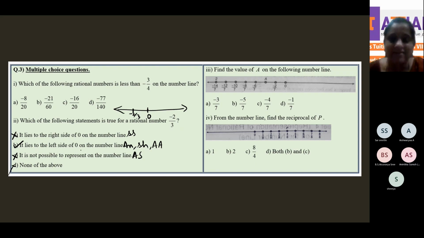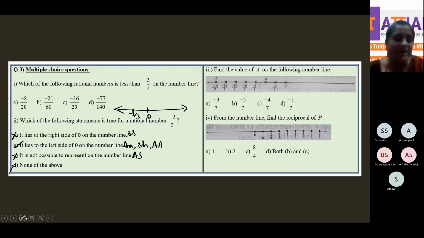Let me ask Aishwarya Shri, why did you feel minus 2 by 3 cannot be represented on the number line? See, every rational number has a unique position on the number line. There are infinitely many rational numbers, and every rational number has its own unique place on the number line.